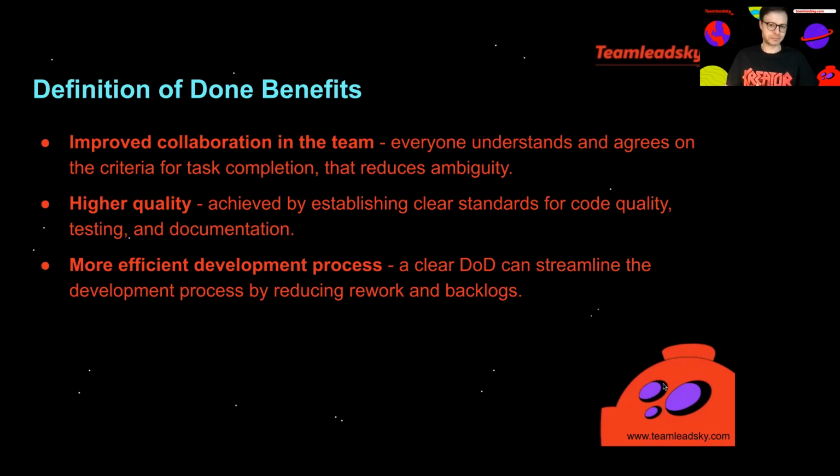As well, that reduces the amount of back and forth while working on the tasks in the sprint backlog, because everyone understands what has to be complete. What do we consider altogether when we talk about a task being completed, being done? So these are the main benefits.